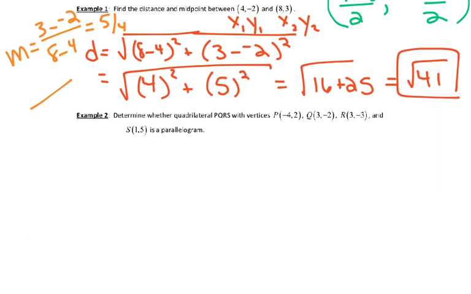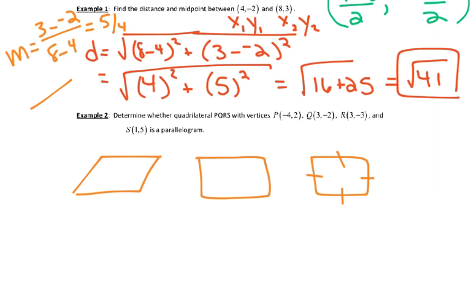Next, let's determine whether quadrilateral PQRS with vertices P at negative 4, 2, Q at 3, negative 2, R at 3, negative 3, and S at 1, 5 is a parallelogram. Well, in order to do that, it'd be nice if we'd review some things about parallelograms. This is a parallelogram. This is a parallelogram.